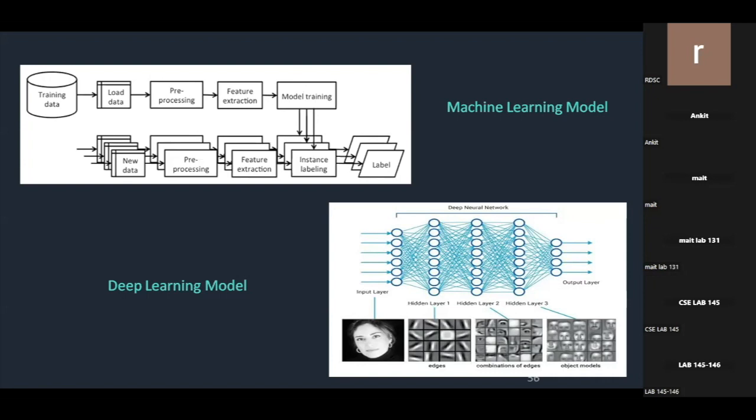This large number of hidden layers, or the length between the input and the output layers, is actually called the deepness of my model. So the deeper you go, the more you are actually working in deep learning models.